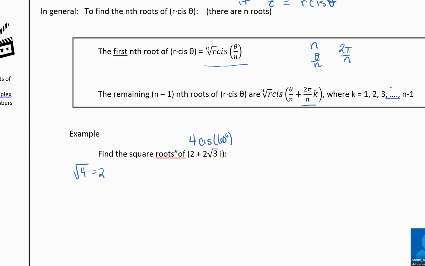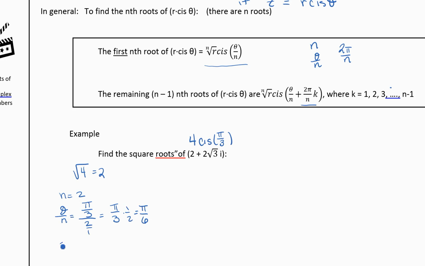So 2 is going to go out in front of all of them. Our n here is 2. Now we want theta in radians, so this should be pi over 3. So our theta over n will be pi over 3 over 2, which will be pi over 3 times the reciprocal of 2 over 1, which is 1/2. So pi over 6.